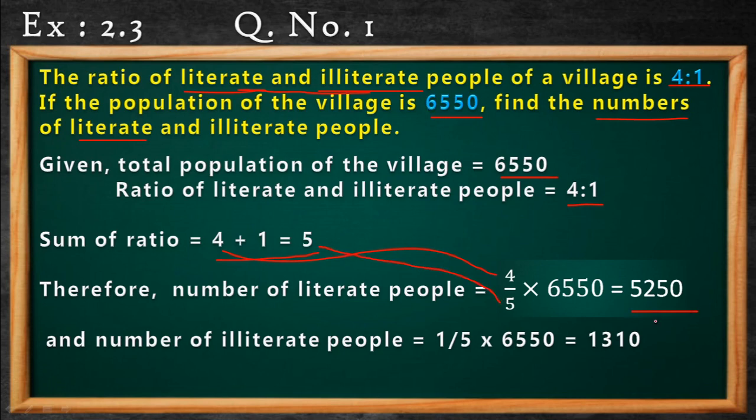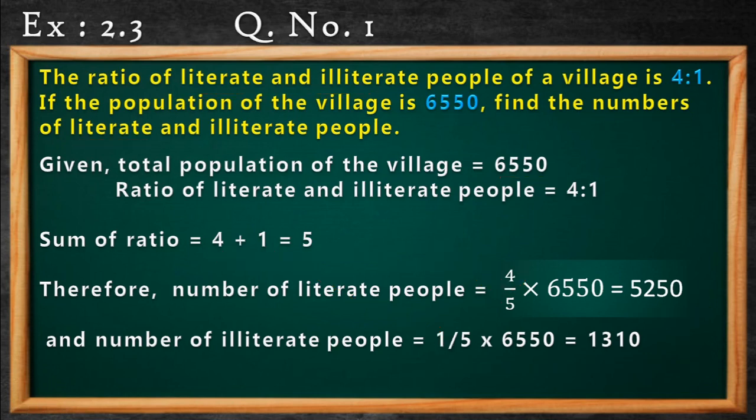So you will get 5240. And the number of illiterate people will be 1 divided by 5 into 6550. We just change this one only. So the number of illiterate people is 1310. So these are the answers.